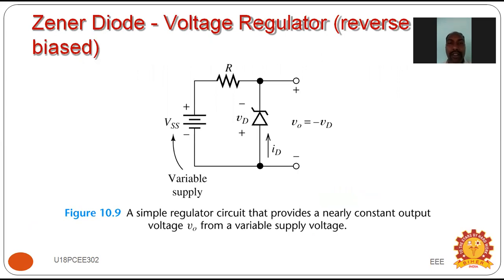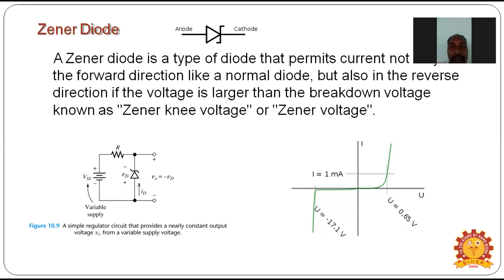The Zener diode is a type of device that permits current not only in forward bias like a normal diode. Next slide.